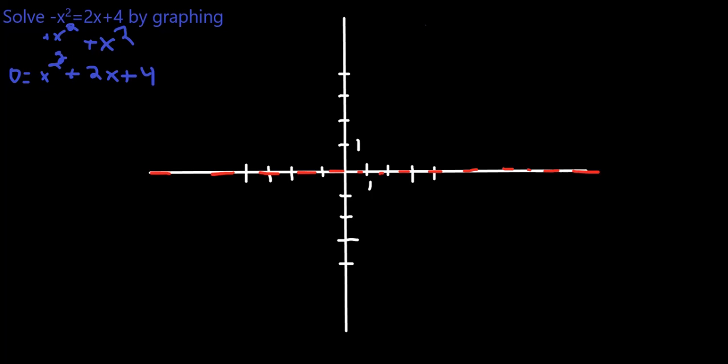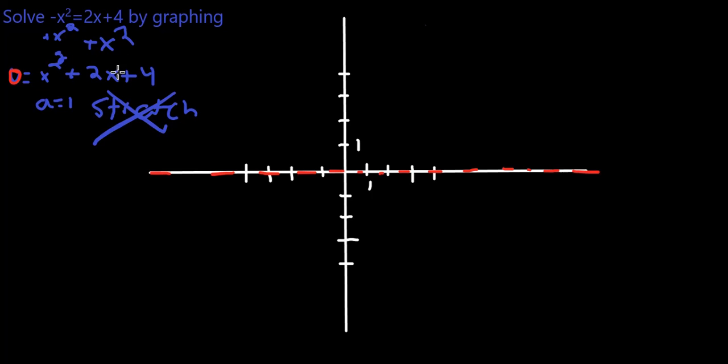So once again, 0, why don't I write that in red, is going to be this horizontal line, and then x squared plus 2x plus 4 is a parabola we want to find the vertex of. So we know that a equals 1, which means there's no stretch or shrink.